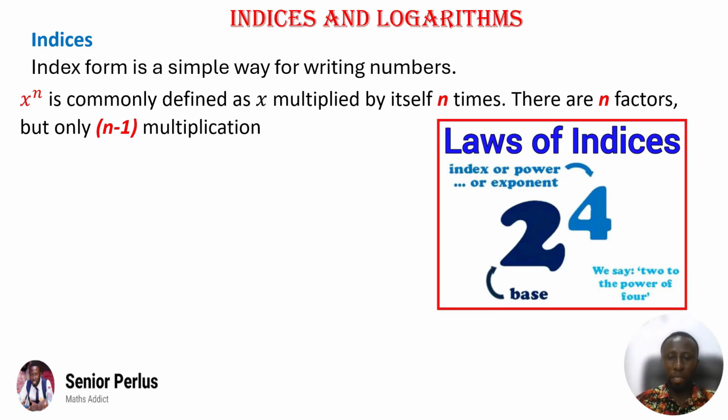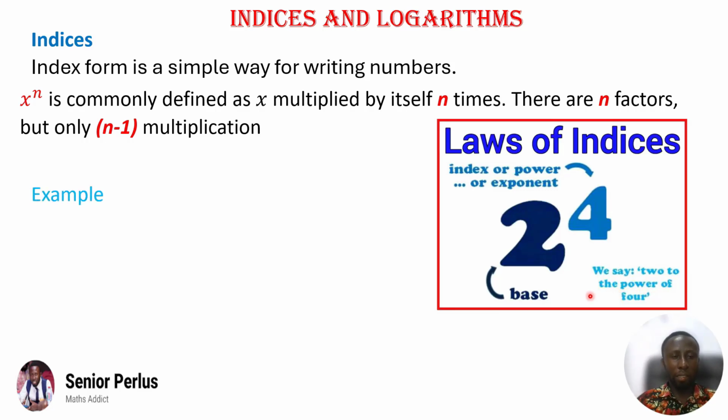We have 2, which is the base, and 4 is the power, or exponent, or the index. So we can say 2 to the power of 4, or 2 to the exponent of 4, or 2 to the index of 4, and so on.